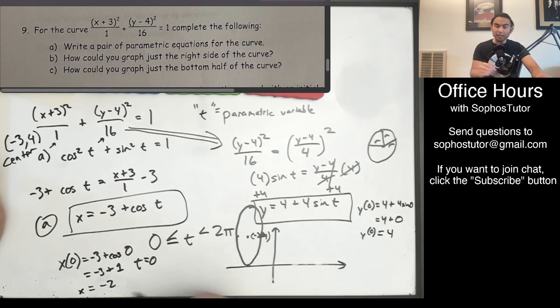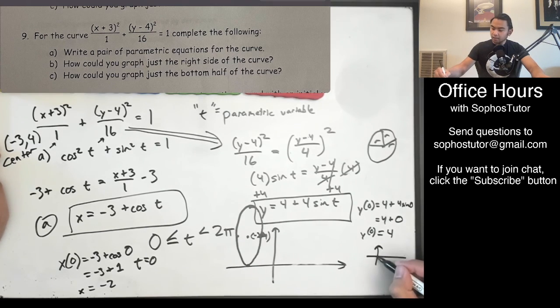Now, what happens as t increases? Well, if we look at the y value, we know that when sine increases from the angle being 0, this value here, this 0 here, is going to go up. We recall this, that when we graph sine, the curve initially goes up.